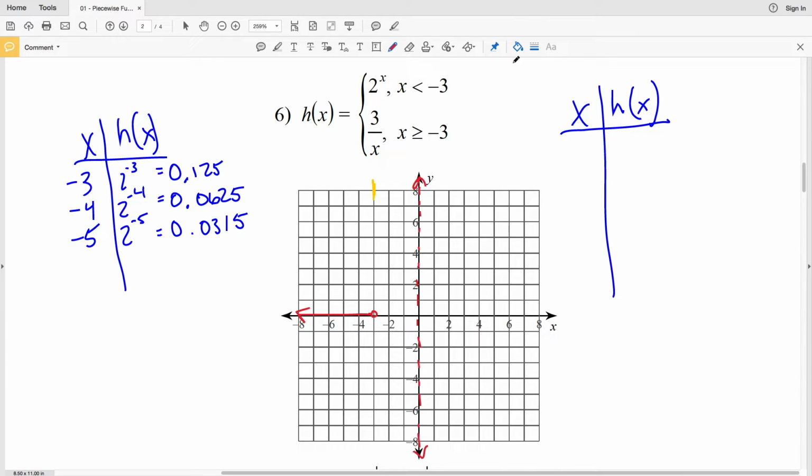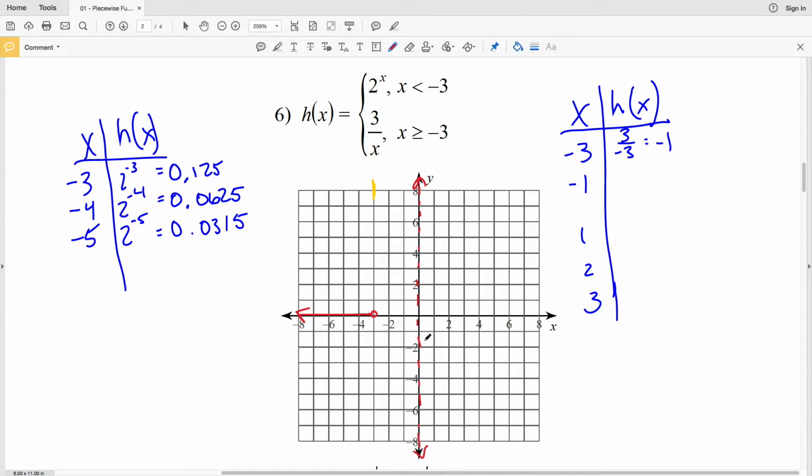Now I'll enter in negative 3 and negative 1. I'll have my point of discontinuity, and then I'll enter in 1, 2, and 3. So entering in negative 3 for x, I'll get 3 over negative 3, which is equal to negative 1.